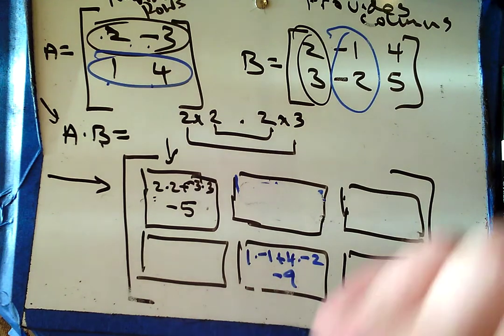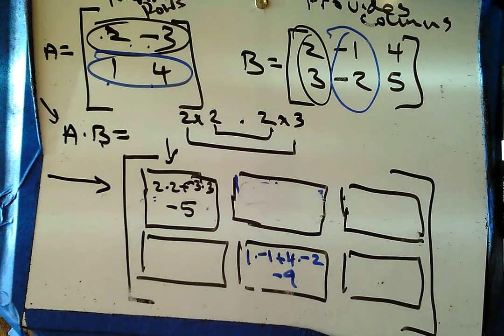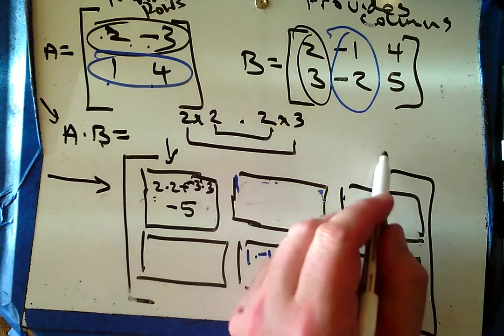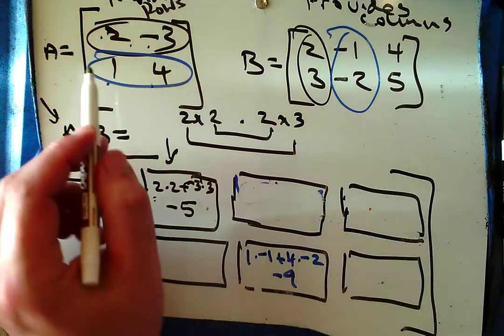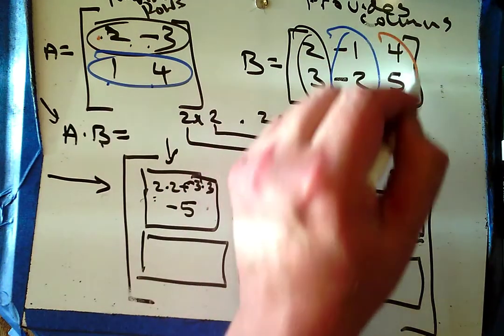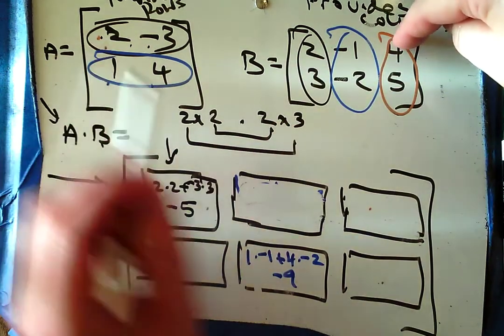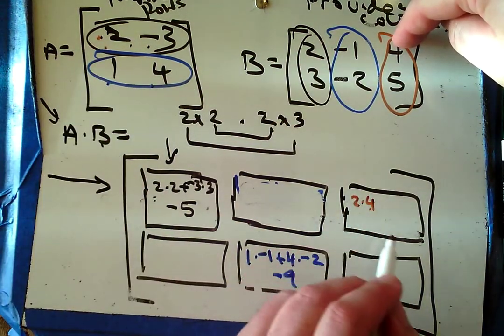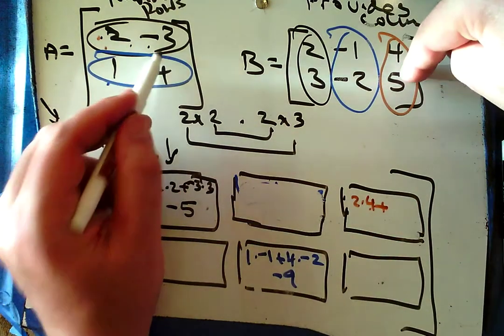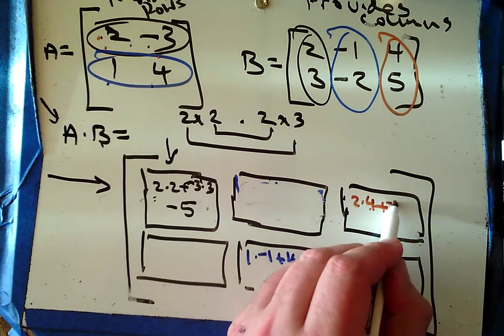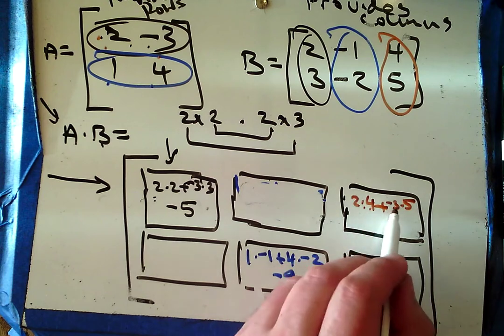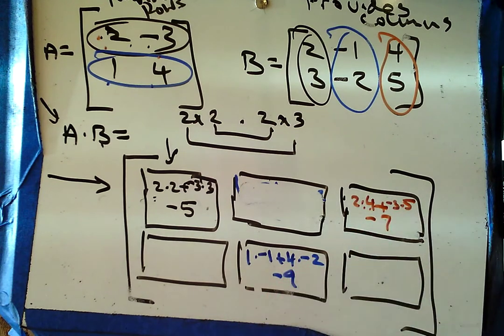Okay. What about this cell over here? It's in the top row and it's in the third column. Top row, third column, 2 times 4 plus negative 3 times 5. So we've got 8 minus 15, or negative 7.